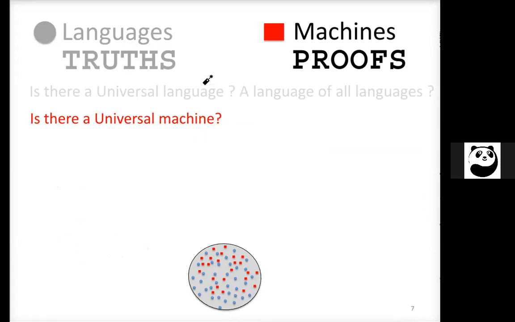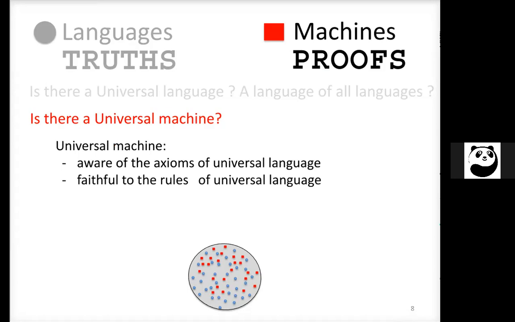So we are done with truths. Now we are in machines or proofs. And the question we're asking is: is there a universal, capital U, universal machine? That means an all-powerful machine that will decide every possible language. So this universal machine has two properties.